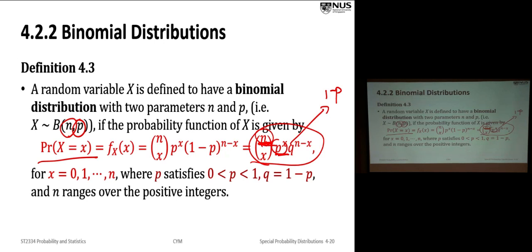They are called parameters. x is the possible value of the random variable X. And n must be a positive integer, and p lies between 0 and 1. n ranges over positive integers, so it starts from 1 up to infinity.